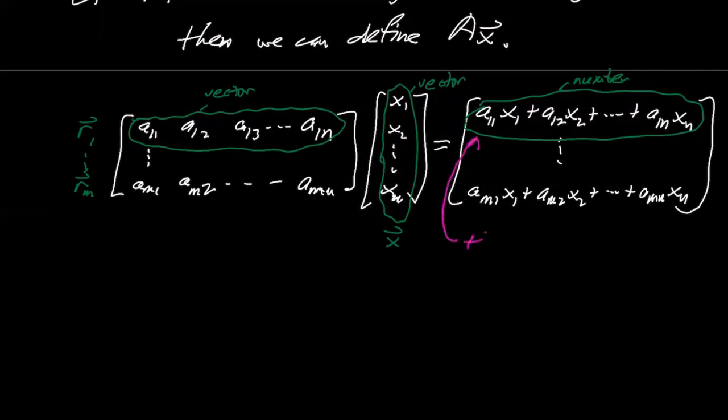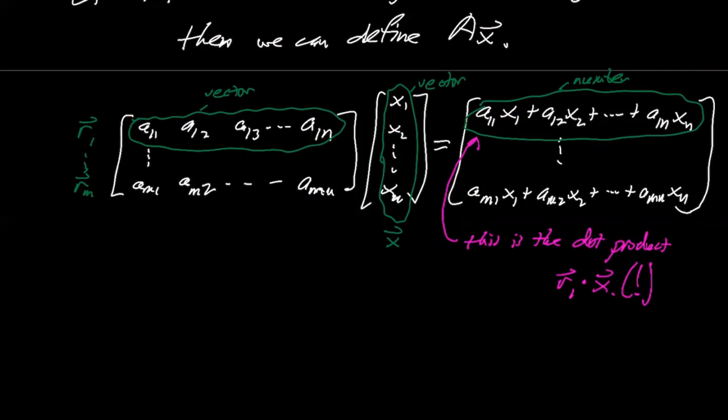So this is the dot product, R1 dot X. I'm excited, so I'm going to put an exclamation point, but in parentheses so we don't think it's a factorial. Okay, so that's the dot product. It's kind of funny.